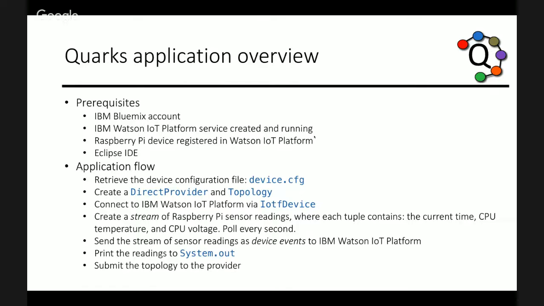But in the next part of this presentation, the use of a real sensor will be demonstrated. After generating tuples, the app then sends those sensor readings to the cloud, and we can view that data in real time. So that's the overview for the application, and let's start writing it.